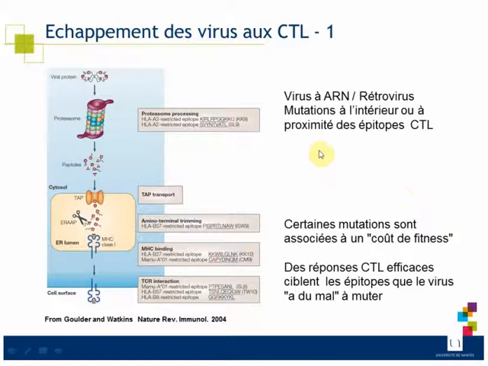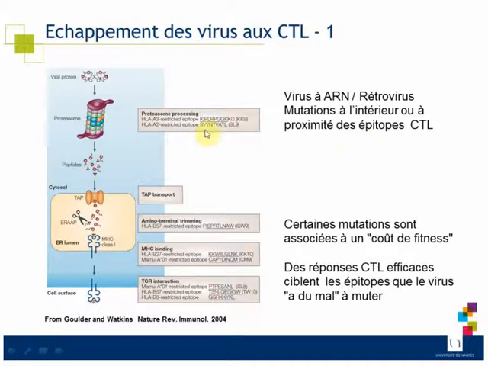So these viruses tend to escape from CTL responses just because they generate a lot of mutants, and the mutants that escape from the CTL response are selected. So how do these mutants render the virus resistant to CTL?